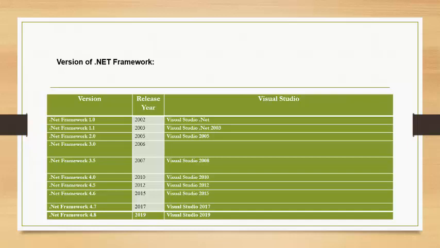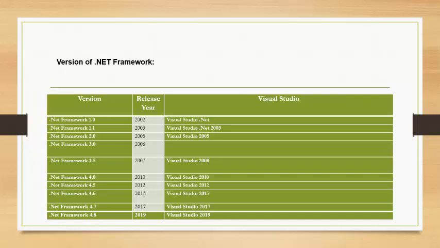First, Microsoft introduced .NET Framework 1.0 in the year 2002 with Visual Studio .NET. Then they introduced .NET Framework 1.1 in the year 2003 in Visual Studio .NET 2003. Then 2.0 in 2005 with Visual Studio 2005.